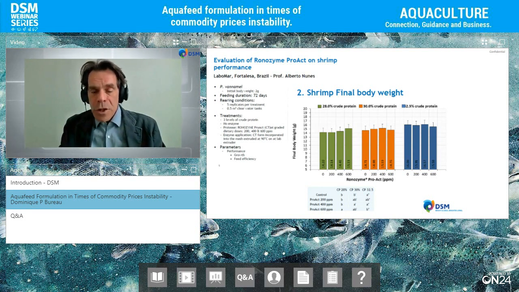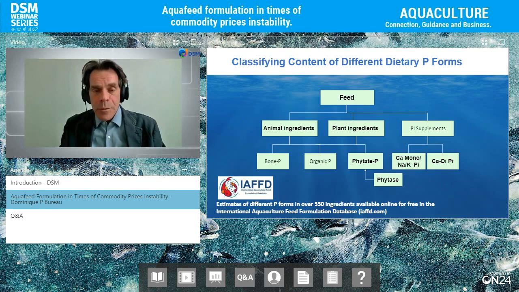To finish up, I'm almost leaving time for questions, but using a systematic approach to look at digestibility of nutrients is pretty important. I've developed a model to predict the digestibility of nutrients, for example phosphorus, on the basis of the chemical characteristics of the ingredients. Don't think of phosphorus, for example, as one single thing. It comes as part of many different molecules, so understanding the level of these different molecules is pretty important.